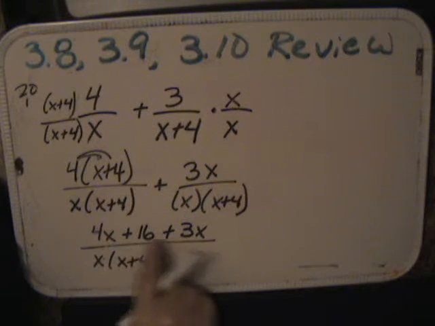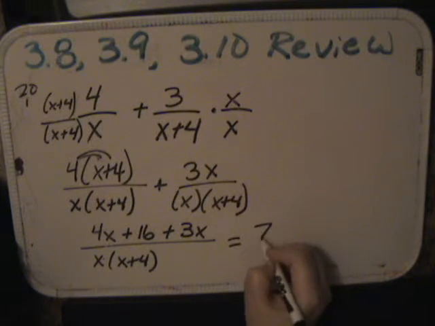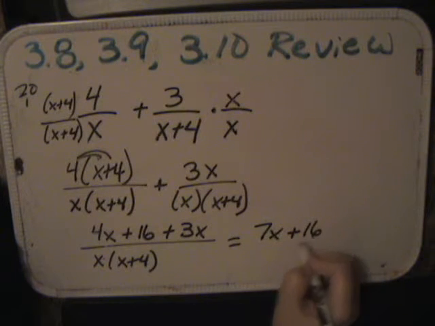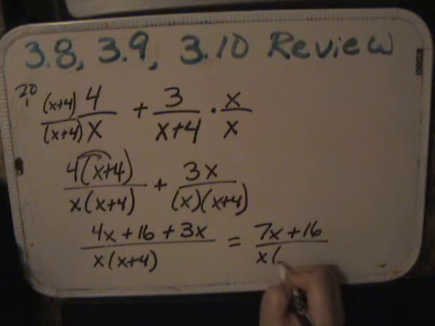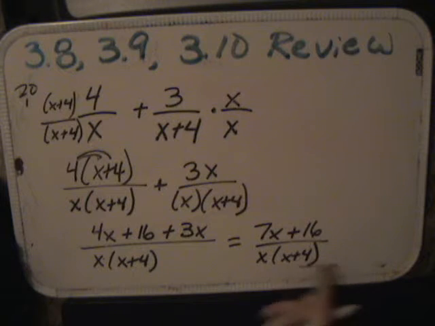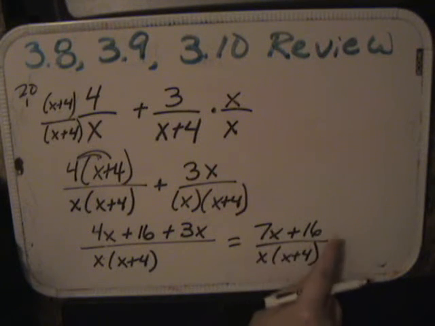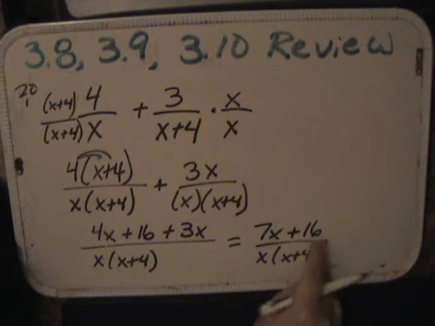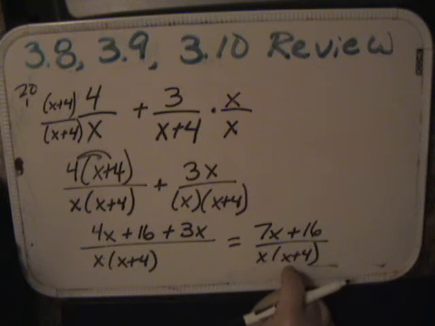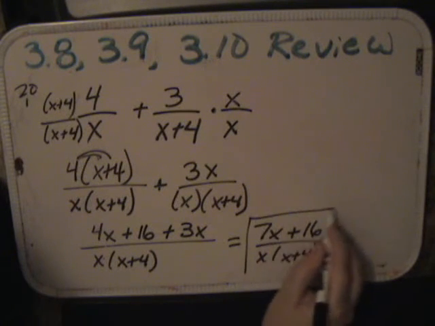Now I look at it, well, 4x and 3x can be added to a 7x plus 16 over x times x plus 4. Now I want to see, is there any common factors between all three? 7 is prime, 16 is 4 times 4, but that can't divide into either of these evenly. So we actually stop there, and that would be your final answer.